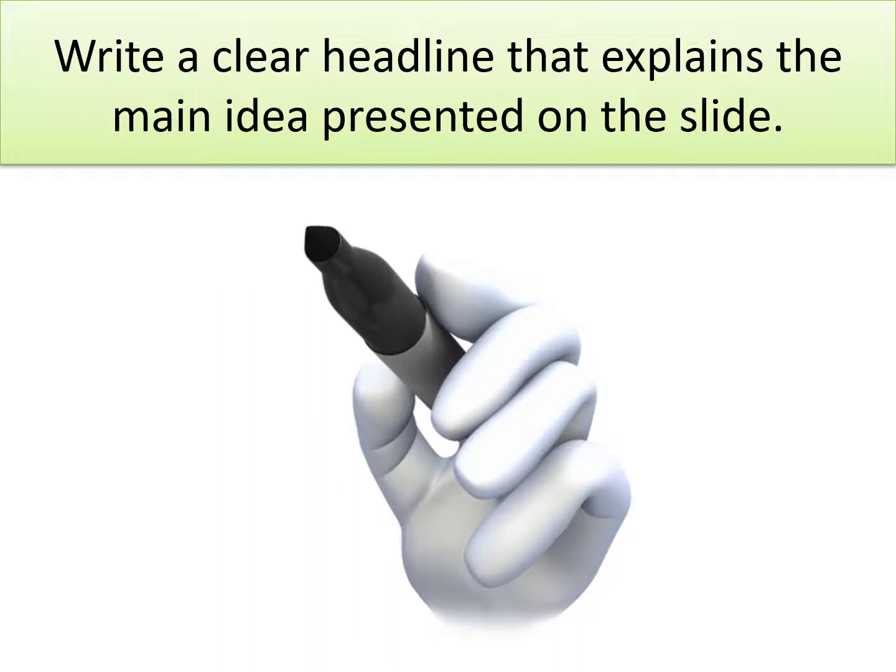So first, let's talk about some strategies. Write a clear headline that explains the main idea presented on the slide. This is called the signaling principle. Write the headline in active voice and use a subject and a verb. The headline should summarize the concept or idea.